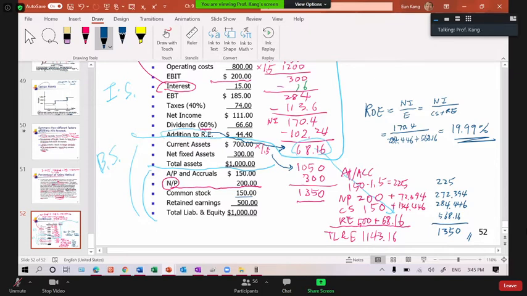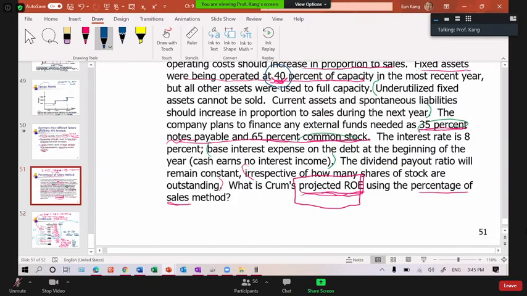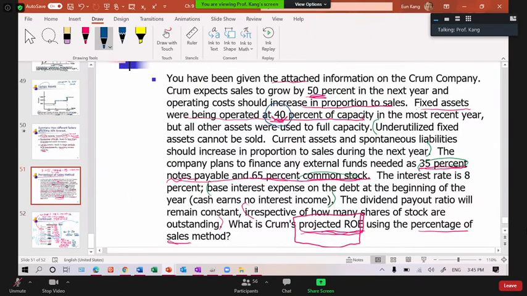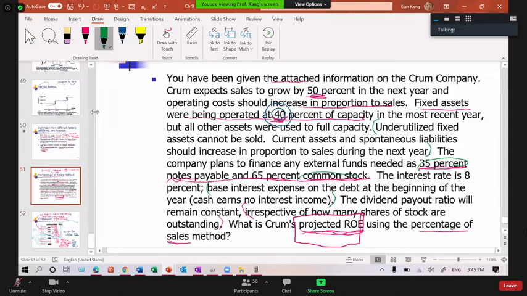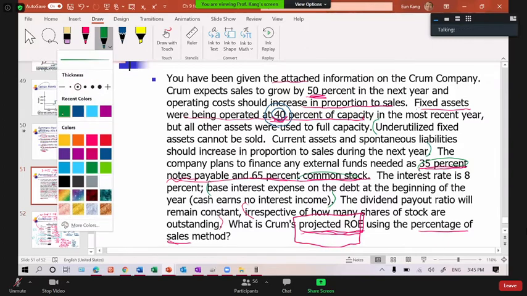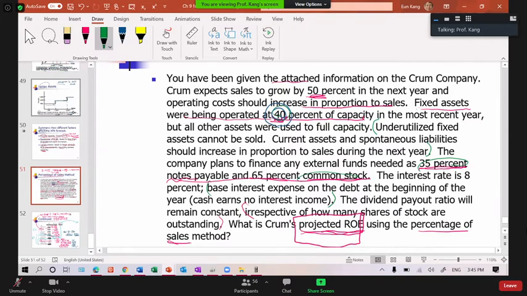Like fixed assets were being operated at, so this one, let's say using green, instead of 40%, if 80%, let's say, if I change it to 80% of capacity, then what?